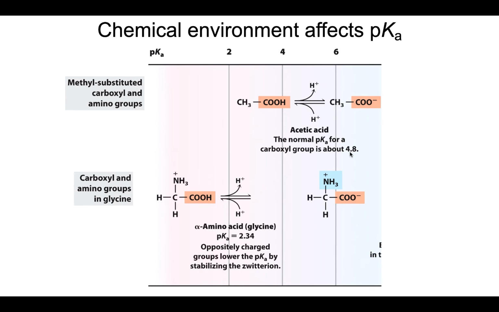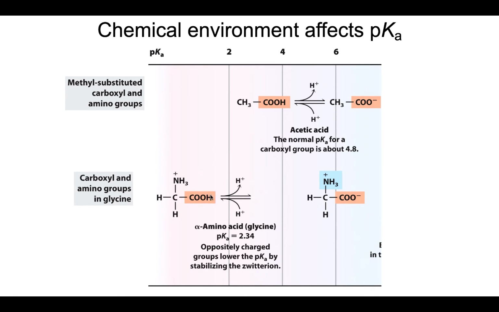Now let's change the chemical environment. Let's pluck off one of these three hydrogens and add to it an amino group. So we've changed the immediate chemical environment of that carboxyl group. We've added very close to it a group with a positive charge. So let's think about that positive charge. Two things are going to happen here. This hydrogen is partially positively charged.